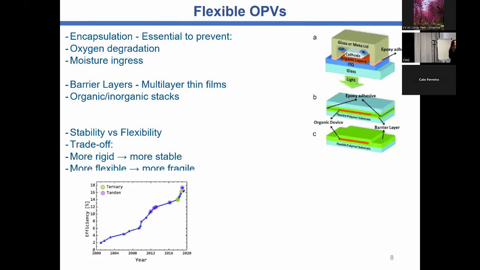If you want flexibility, you must put another plastic with better flexibility, but with lower oxygen intake and also lower moisture ingress. So if you put more layers on your devices, the flexibility reduces because you have a thicker device.